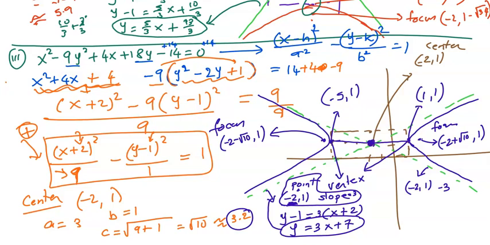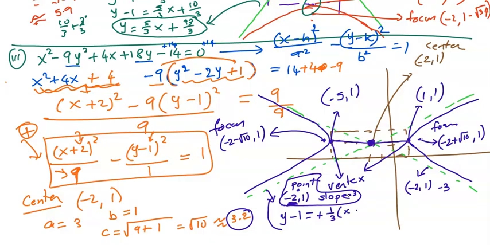Rise over run, so that's not right. Okay, let me just correct this one again. My bad here. Sorry. So again, rise is 1 over 3, and it's positive. Rise over run, it's positive.